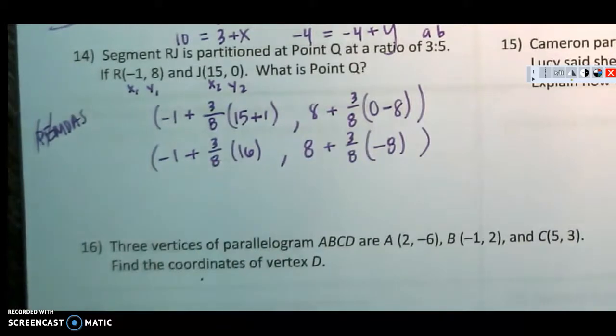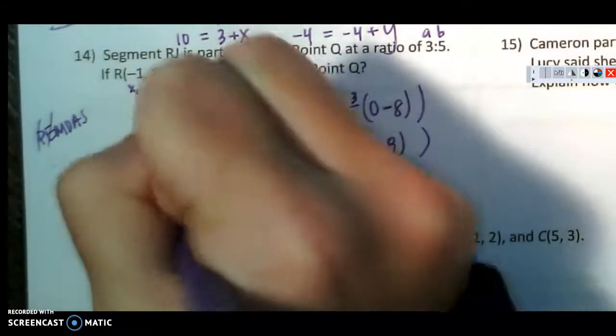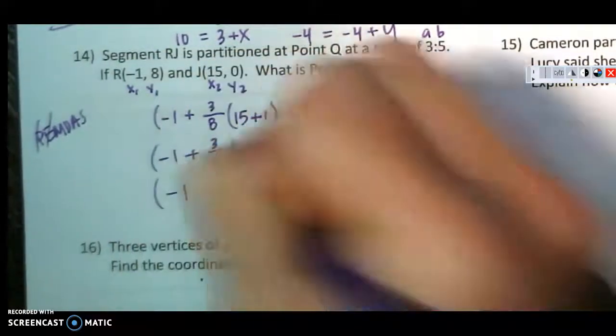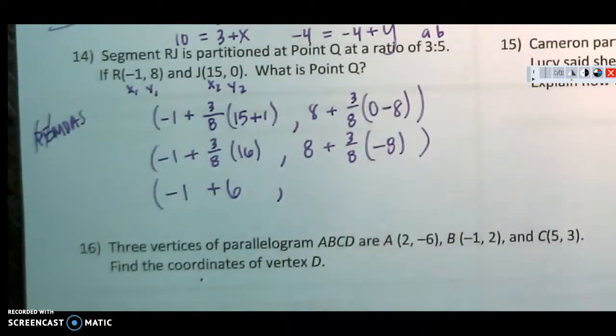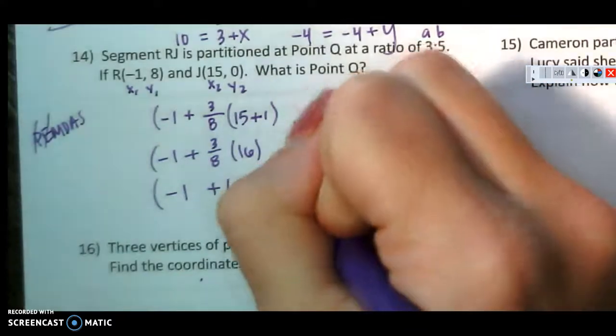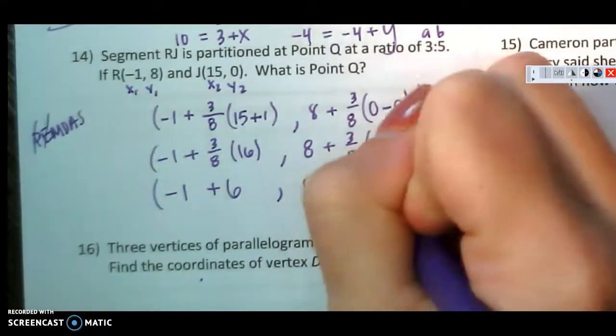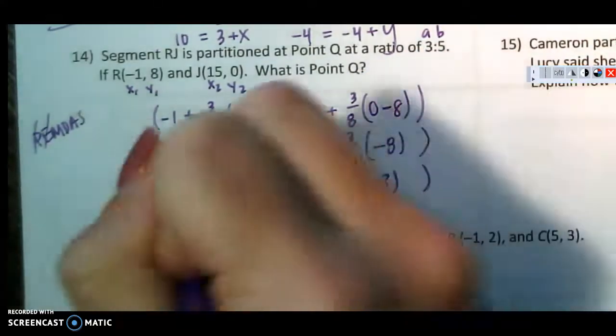You can let your calculator help you with this process. We're going to do 3 divided by 8 times 16. So that's going to be 6. And again, we're going to take care of the multiplication right here. That's 3/8 times -8, which is giving us a -3.